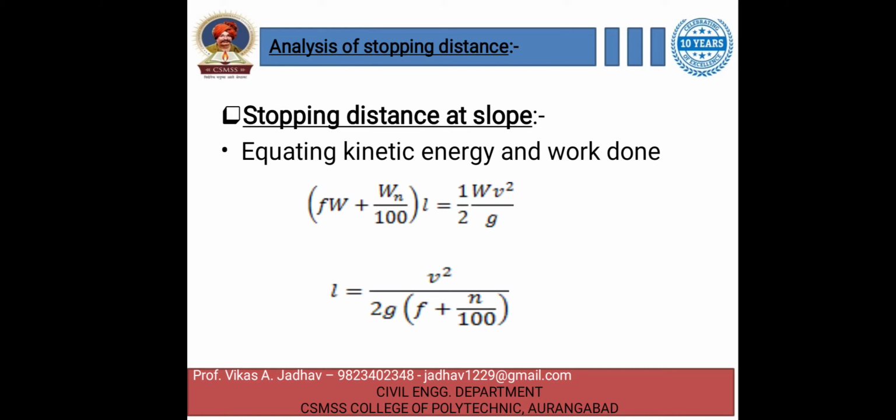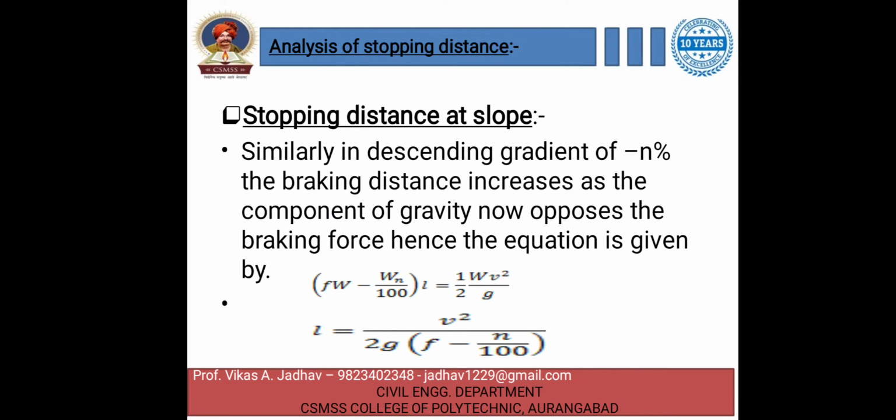Equating kinetic energy and work done and simplifying, we get the following equation. Similarly, in a descending gradient of minus n%, the braking distance increases as the component of gravity now opposes the braking force, hence the equation will become different, and by simplifying you will get the stopping sight distance.